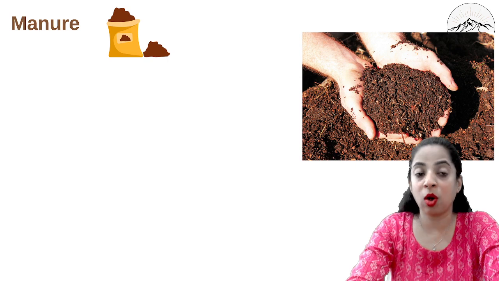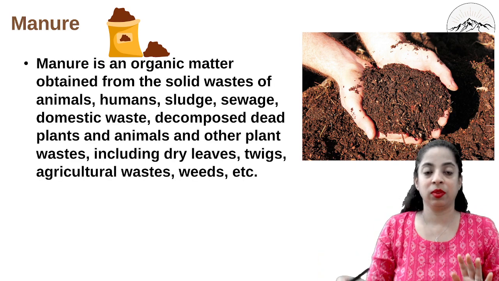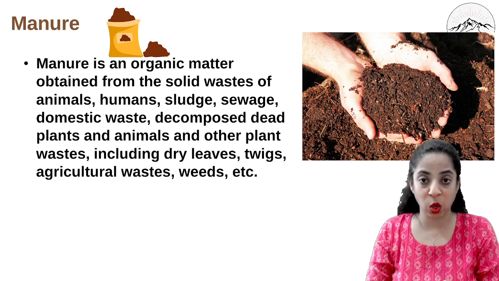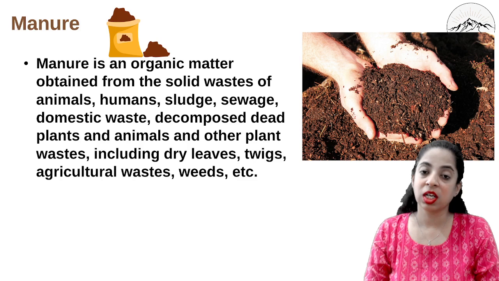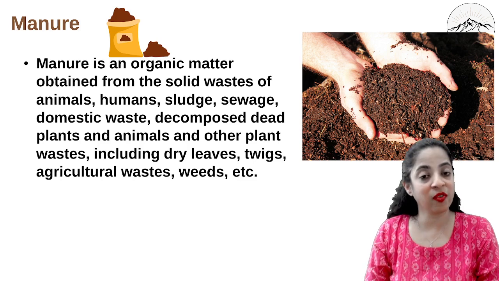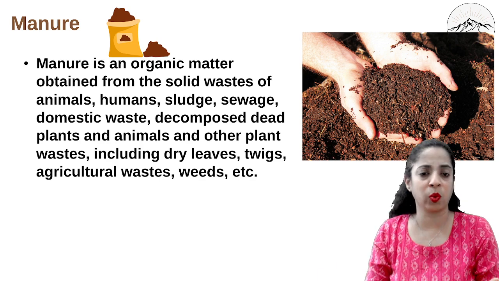Now manure. What is manure? It is an organic matter which is obtained from the solid wastes of animals, humans, sludge, sewage, domestic waste, decomposed dead plants and animals and other plant waste.